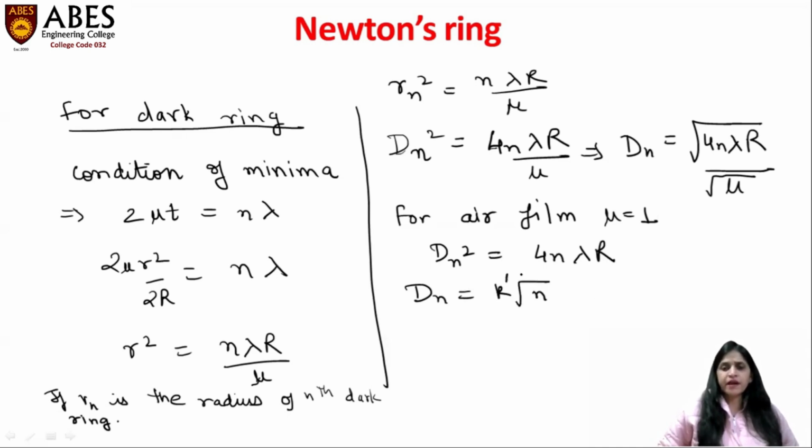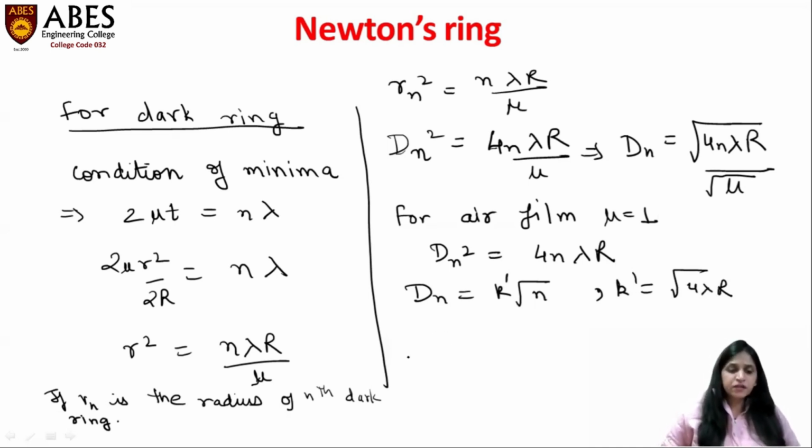Let us put k dash over here because k we used in the diameter of bright ring. So k dash into under root n, where k dash is equal to under root 4 lambda R.